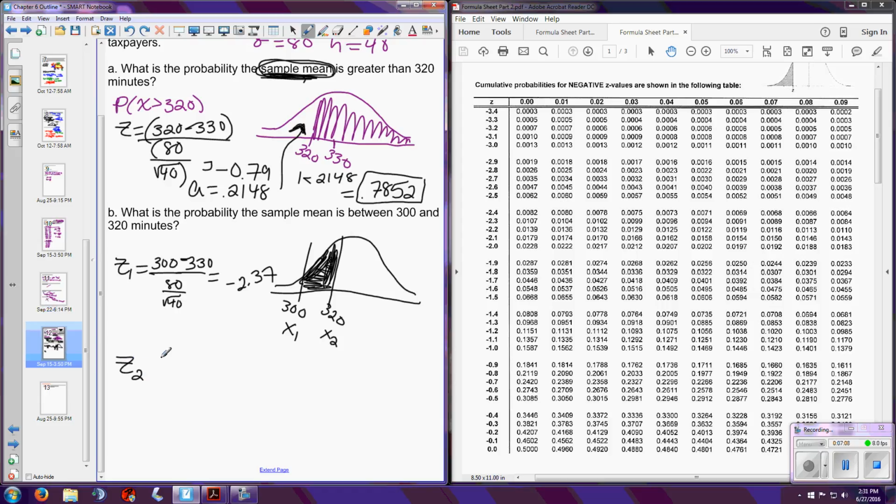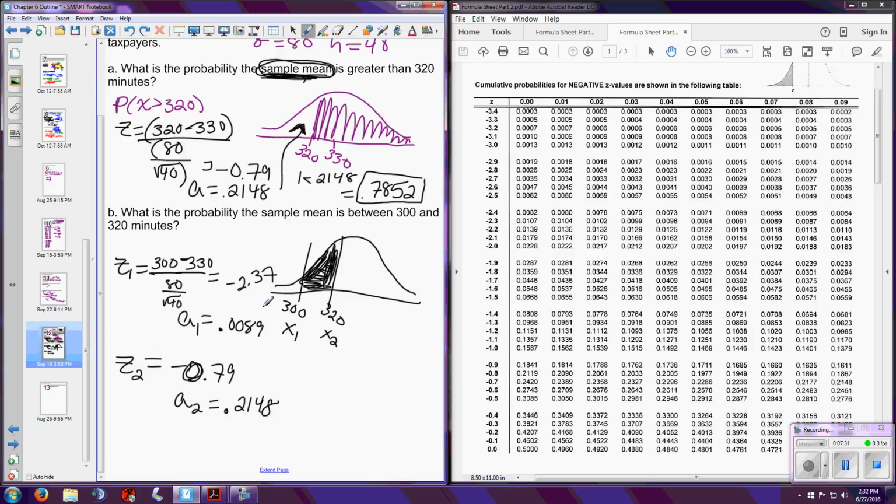No need to, again, reinvent the wheel. And that was negative 0.79 with an area of 0.2148. The area for negative 2.37, 2.3 over to 7 is 0.0089.